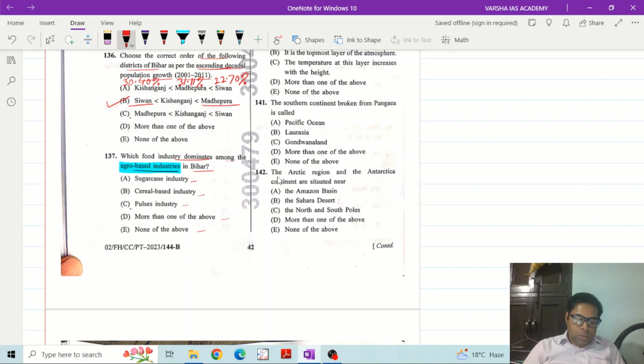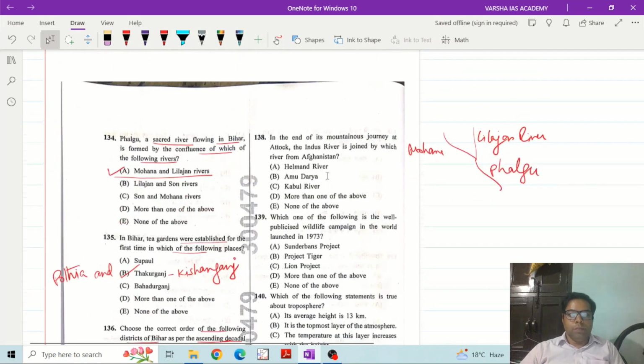In this, there is more production of cereals. So these agro-based industries are on the cereals base, not sugarcane, because this zone does not produce much sugarcane, right? So the answer of this question is simply B, cereal-based industries. So the answer of 137 is B.